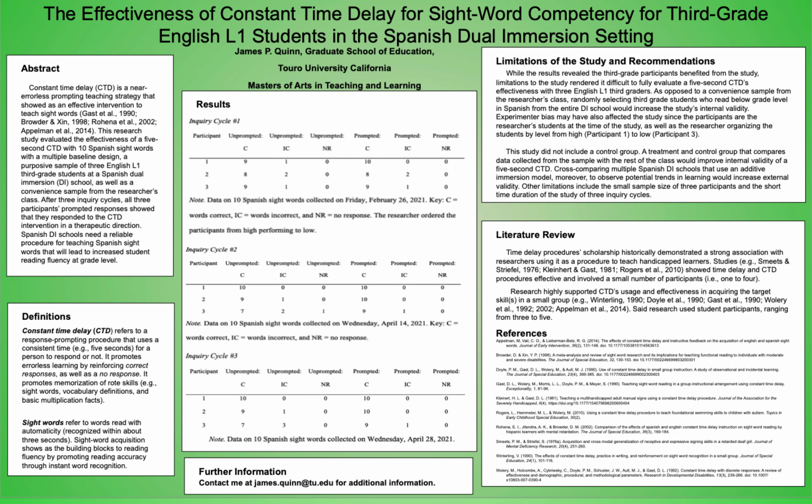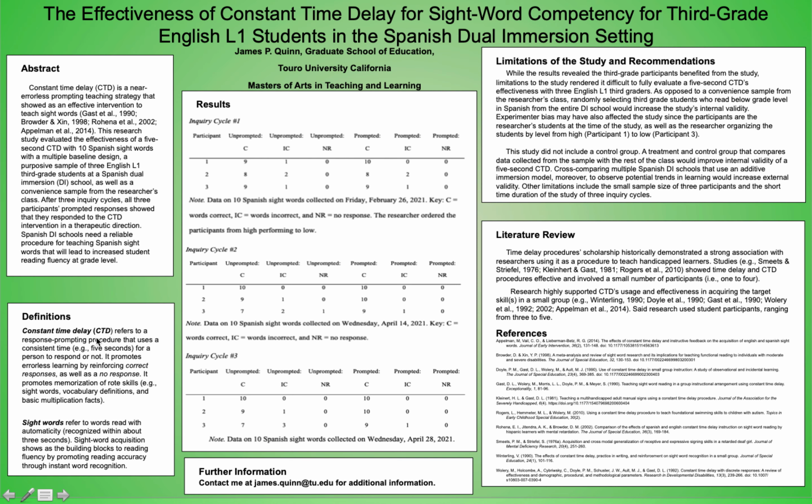The need for this study is that a lot of students start third grade reading in Spanish below grade level at the Spanish DI school that the researcher teaches at, and each school year seeing this need brought up this study, as well as the lack of literature on CTD procedure for Spanish sight word acquisition, which I will talk about in the literature review.